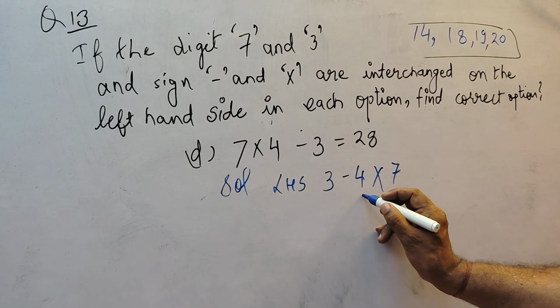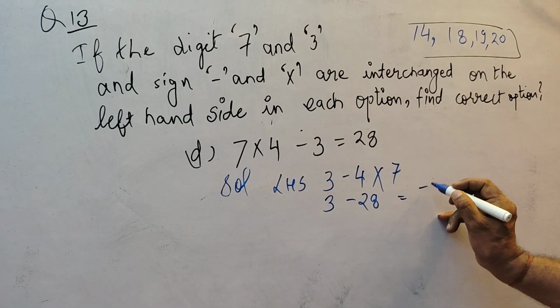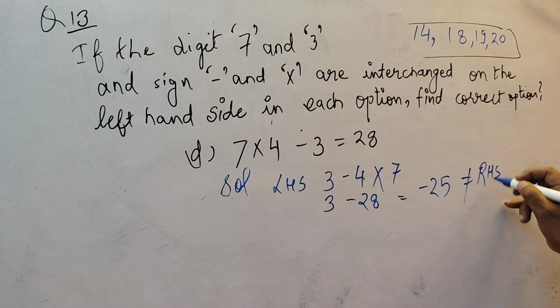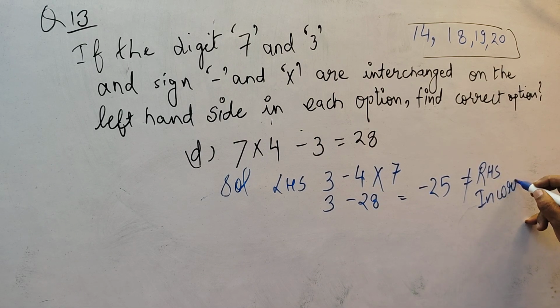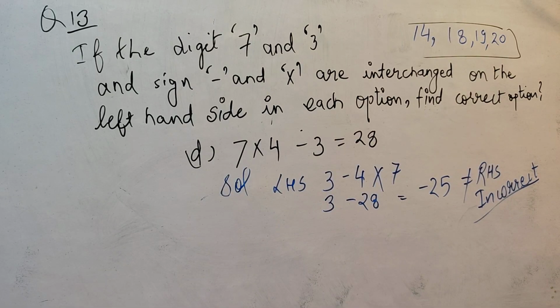So here we multiply first. 7 4s are 28, and 3 minus 28 is minus 25. It is not equal to the right hand side. So it is incorrect. Only C option is correct. So the correct option is what the question asks, so C option is our final answer. Is it clear? Any doubt? We are solving every option individually for this question type.